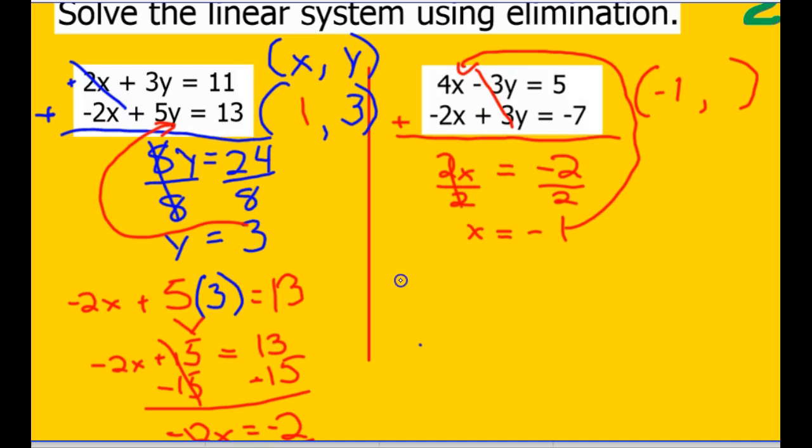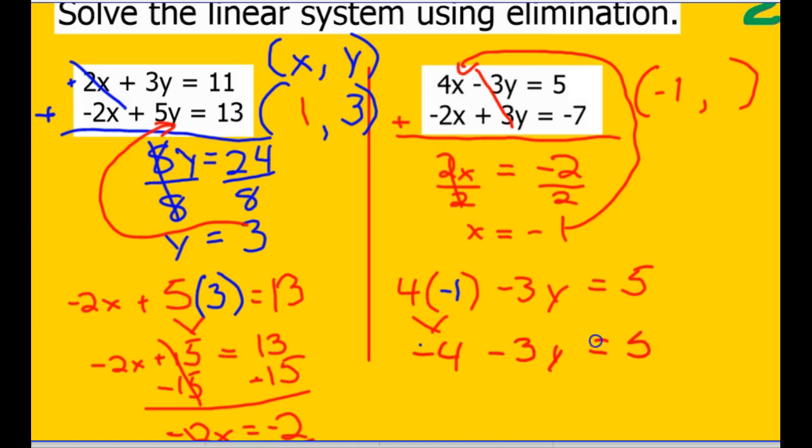So we get 4 times negative 1 minus 3y equals 5. 4 times negative 1 is negative 4, minus 3y equals 5. Now we're going to add 4 to both sides to get rid of it.